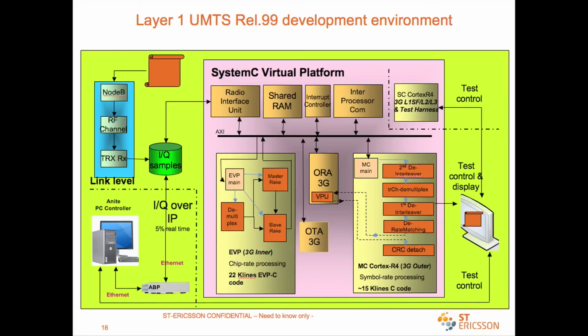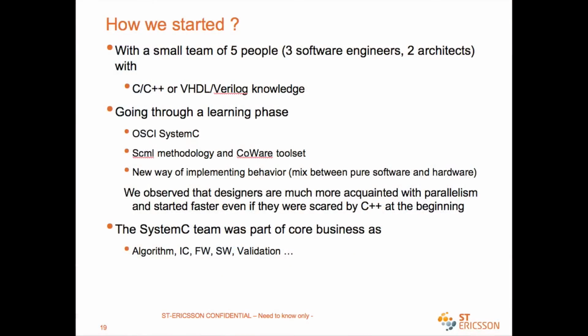Okay, so here we see the link level simulation. We had the Node B, which is a base station simulator, and some RF channels, which means that you can mimic fading, Rayleigh fading, or such things, and then produce your samples. So how did we start? We were only 5 people in this team. 3 software engineers, myself and 2 other guys.